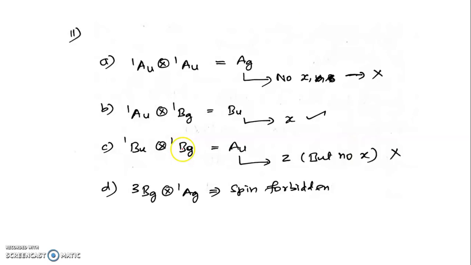See option A, Au to Au. Listen, if you take the direct product of two same one dimensional irreducible representations, you will get a totally symmetric irreducible representation.